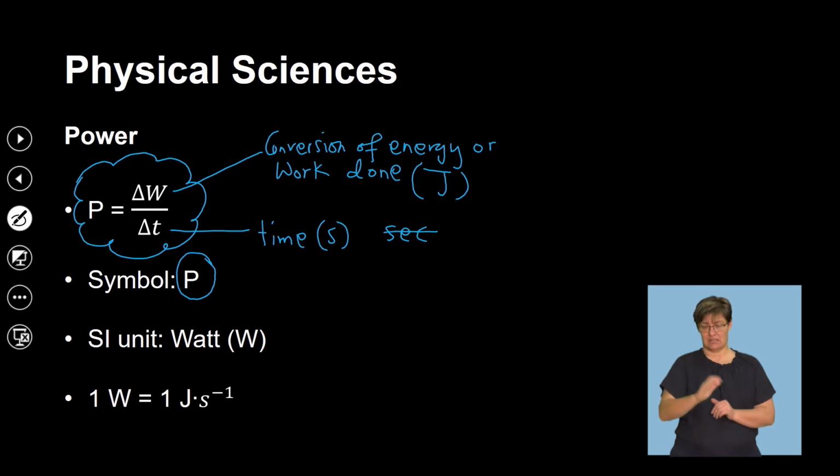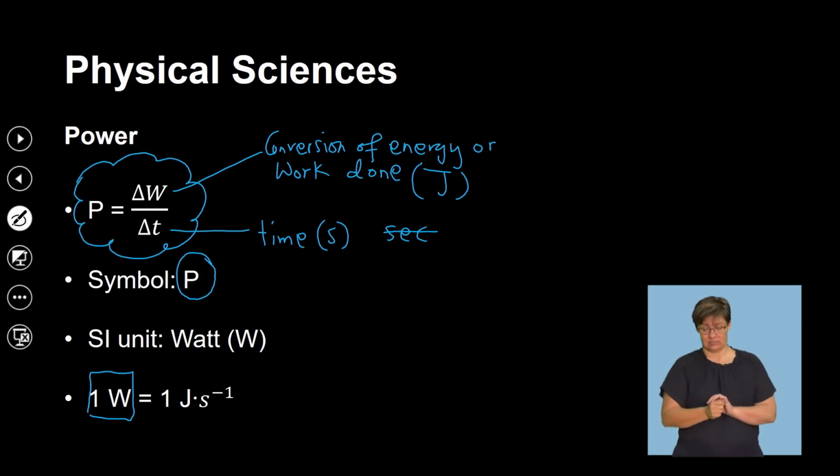So if we talk about a watt of power, let's say a light bulb has a power rating of 1 watt. What does that mean? It means that the light bulb converts 1 joule of electrical energy to light energy for every second.